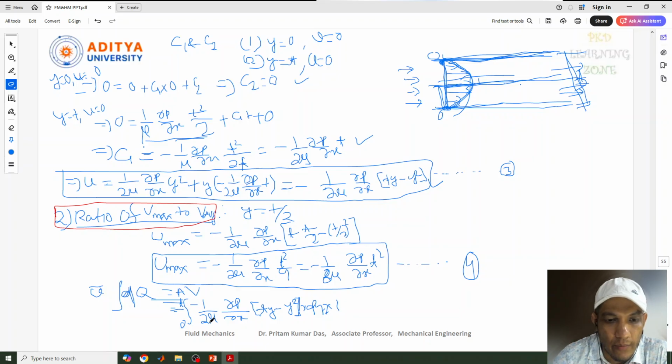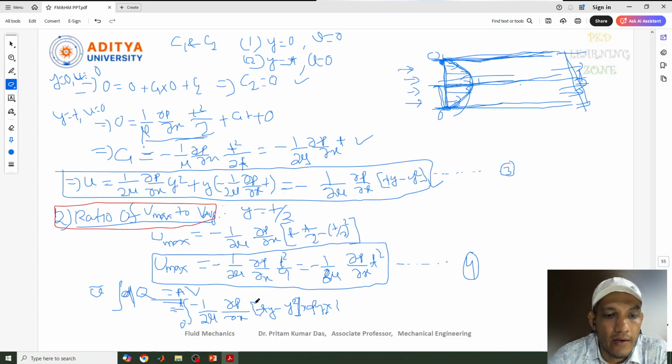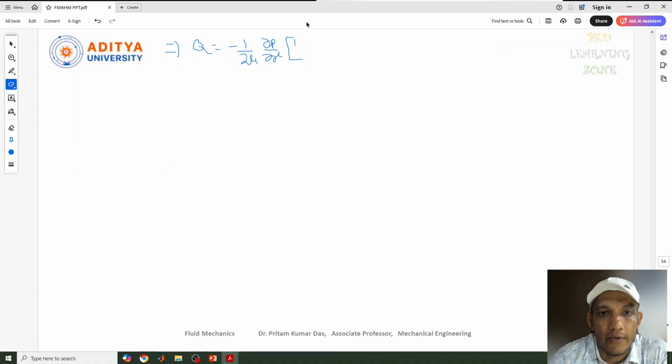Now integrating t into y dy gives t y square by 2, and integrating y square gives y cube by 3. Integration completed, from 0 to t.